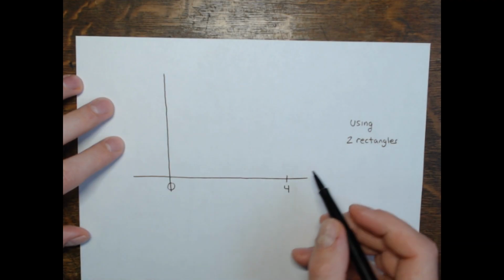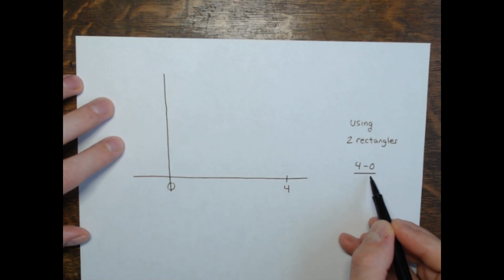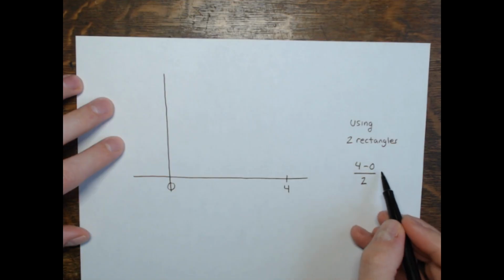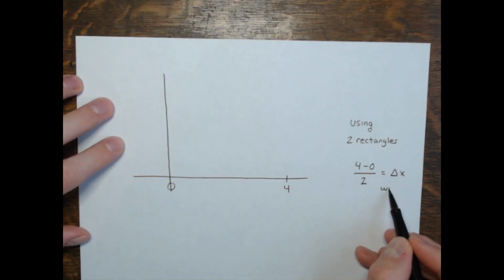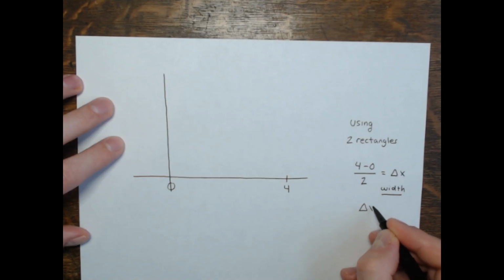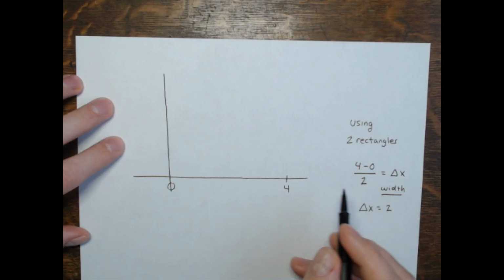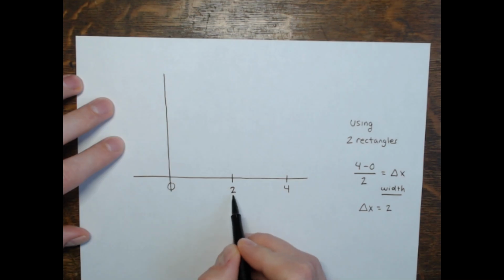So I take this length here, 4 minus 0, divide this by 2, and that'll be the delta x, which is going to represent the width of each rectangle. So the width of each rectangle, 4 divided by 2, is 2. So let's break this up into pieces of length 2. So 0, 2, and 4.